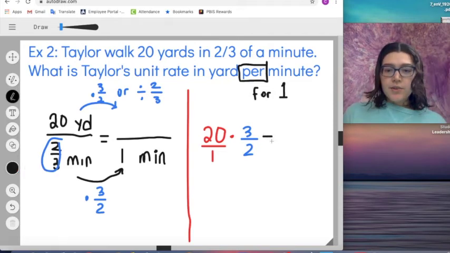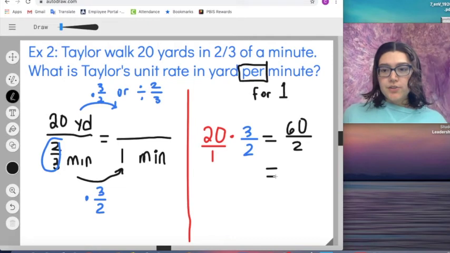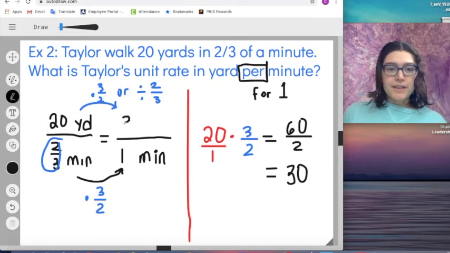So 20 times 3 is 60, and 1 times 2 is 2. So I'm going to get 60 divided by 2. And then lastly, I just need to divide that out. 60/2, or 60 divided by 2, is 30. So we get that we go 30 yards in 1 minute.